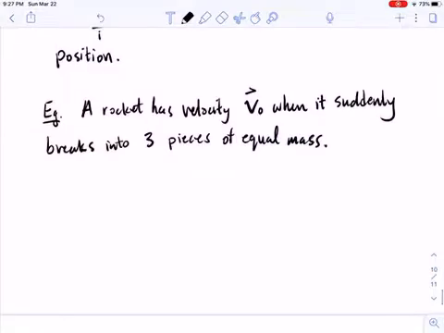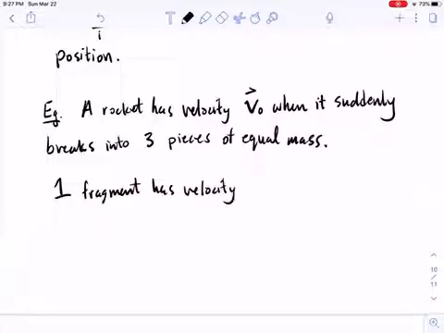Okay, some of the information that we're given is that one fragment has velocity v1 equal to v naught over 2. So that expression tells us 2 things. The first thing it tells us is that the speed of one of these fragments is half the speed of the initial complete rocket.